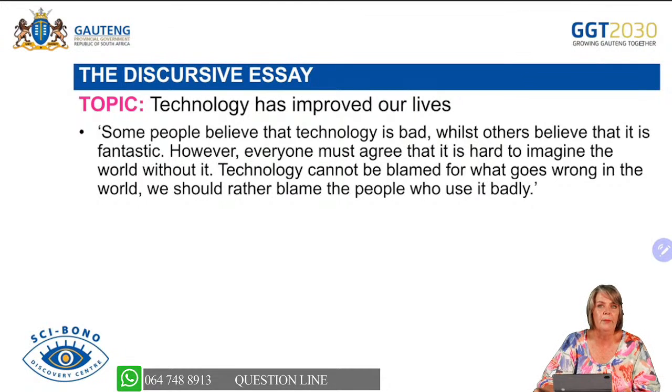Technology cannot be blamed for what goes wrong in the world. We should rather blame the people who use it badly. Now, I'm sure just by the introduction, your brain has already started turning over to find your opinion, first of all, but then also to link it to how it could be disadvantages.